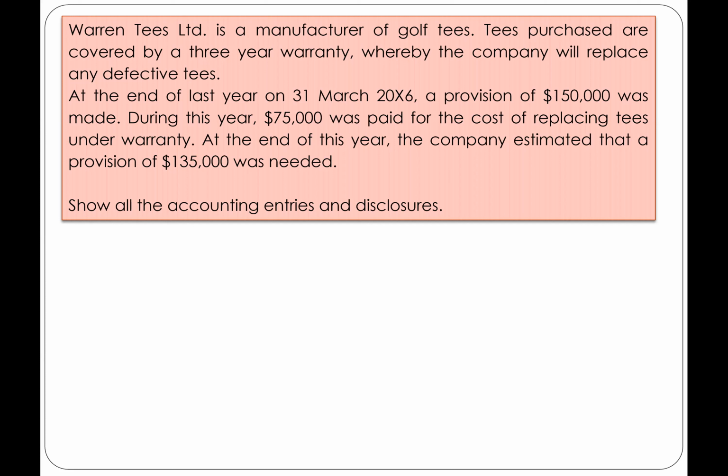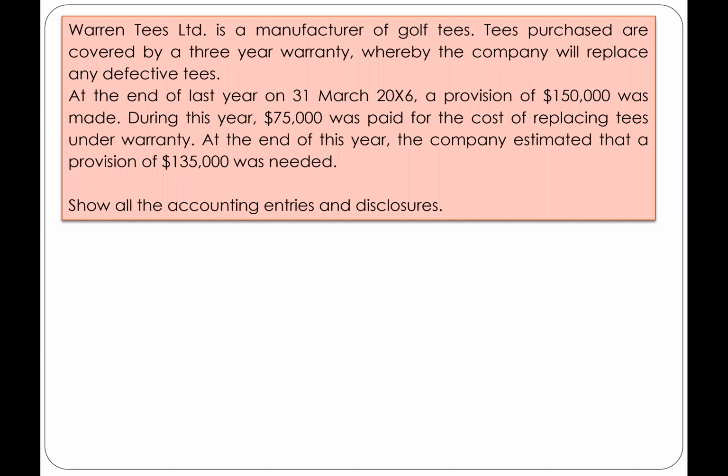But the case is we actually took 75,000 from the provision, which means there was 75,000 left in the provision account. Now, at the end of the year, we need to increase it from the 75,000 that is left to the 135,000 that we now need, which means we are simply saying 135 minus 75, which should be 60,000.